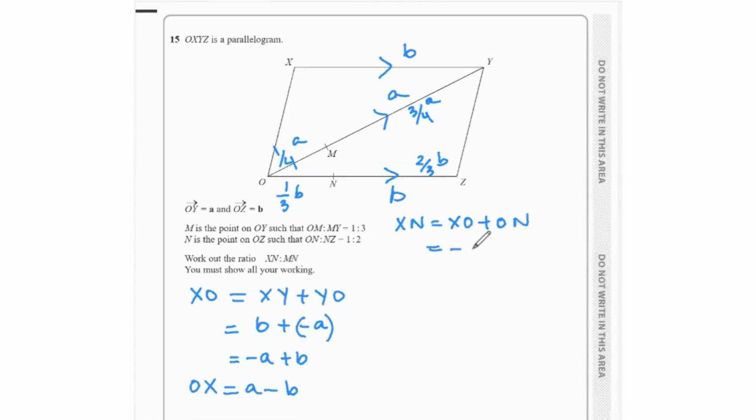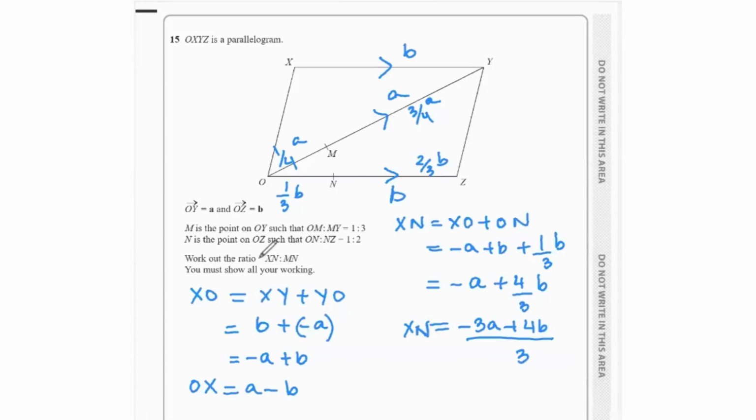XO is negative A plus B and ON is 1/3 of B. So that's going to be negative A plus 4/3 B. Or if you want to write the entire thing as a fraction, that's (negative 3A plus 4B)/3. That is XN.